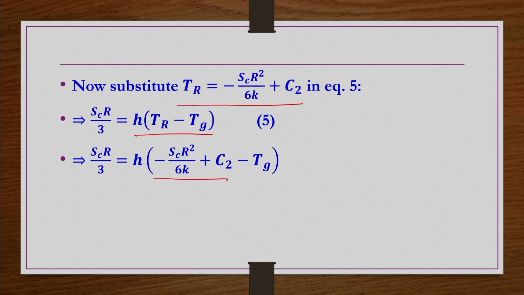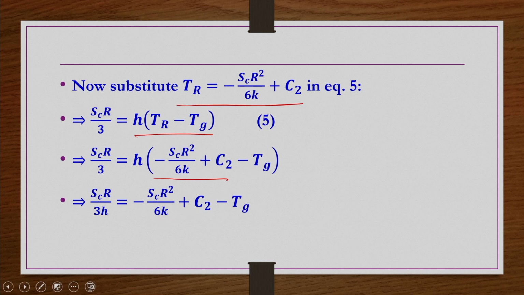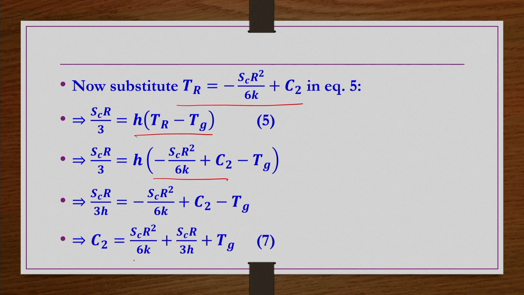So, now we can write Sc R by 3h equals minus Sc R square by 6k plus C2 minus T_G, that is, C2 equals Sc R square by 6k plus Sc R by 3h plus T_G. This is what we get. So, this is the C2. C2 is strongly dependent on Sc and T_G as well, in addition to h and k values.